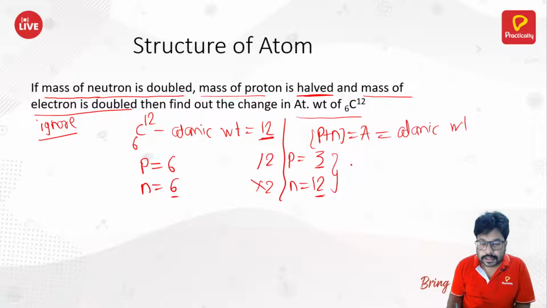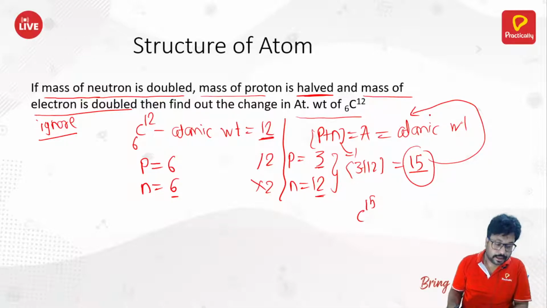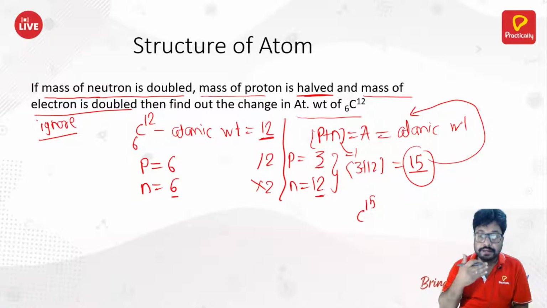So P plus N is 3 plus 12. That is equal to 15. And 15 should be the atomic mass of your new species. Okay. That is how you can calculate the change in atomic mass.